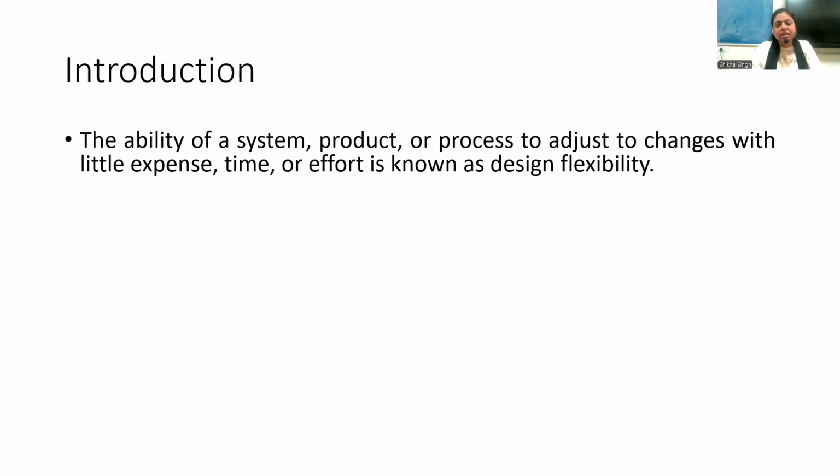But in most cases these days, most of the companies are practicing design flexibility, and that is the reason why we are getting new products more often than 2 decades before. The reason is that every time they don't need to design from scratch. The designs have been developed in such a way that if I would like to upgrade any one segment of the product, it can be easily done, right?